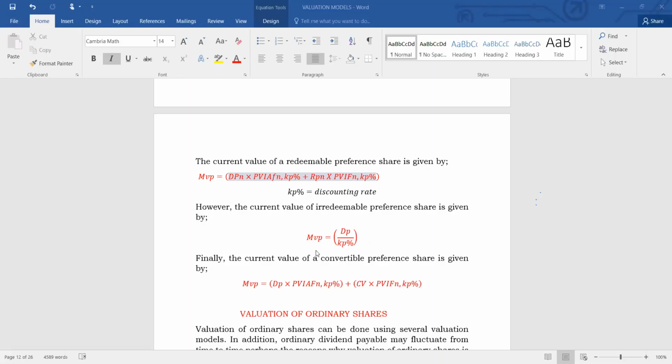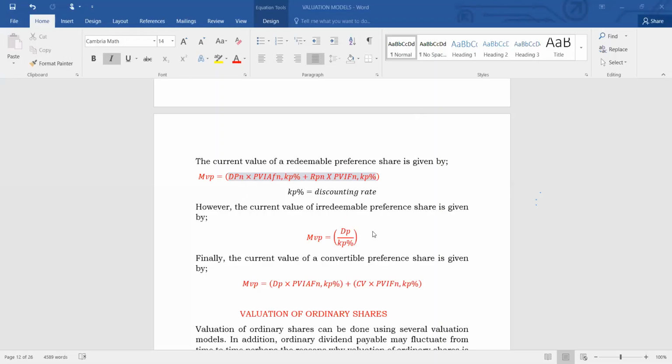The current value of a preference share is the total present value of expected future cash flows. The expected future cash flow in this case is the constant annual return in the form of dividend, which is enjoyed each year in perpetuity, so the dividend becomes a perpetual annuity.